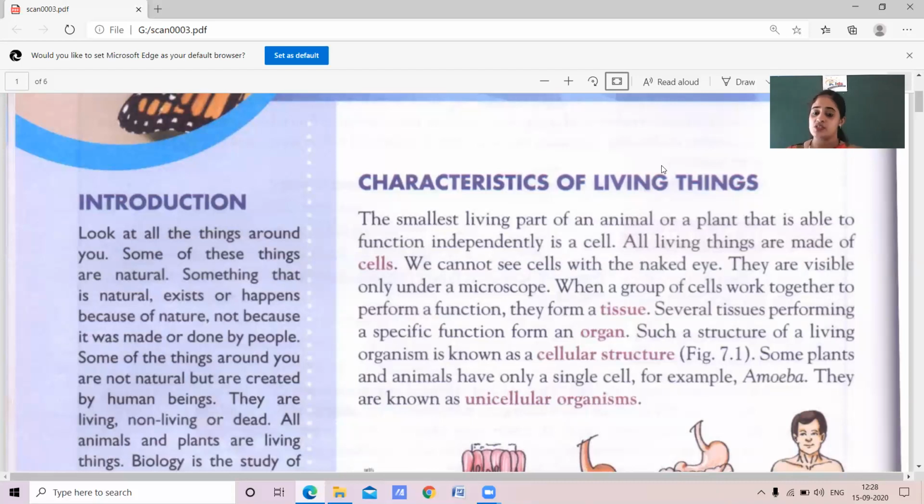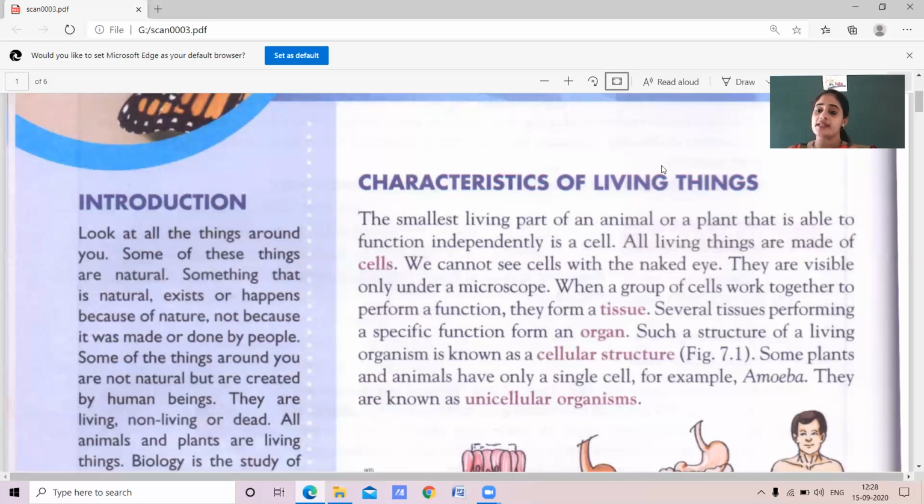Okay. So, according to the presence of the cell, we classify the living organisms into unicellular and multicellular. What do we mean by unicellular? Unicellular means uni, single. The organisms which are made up of a single cell, only one cell.